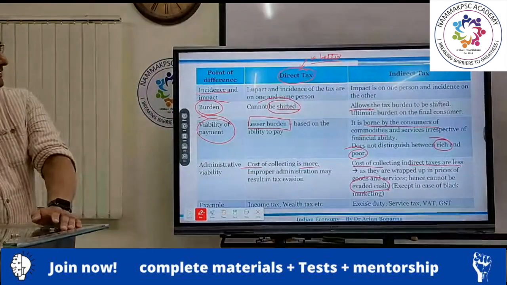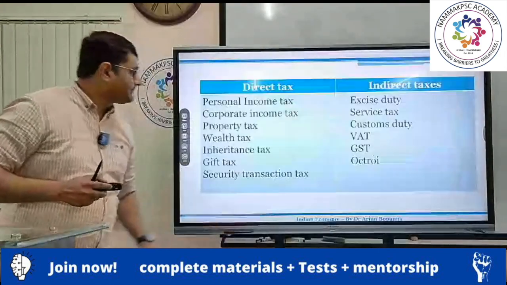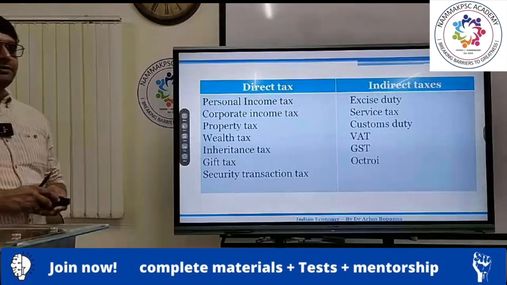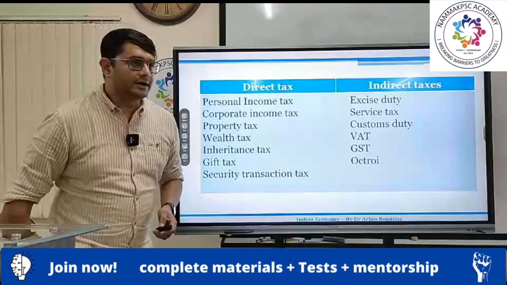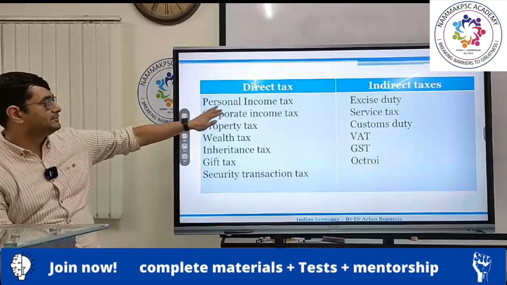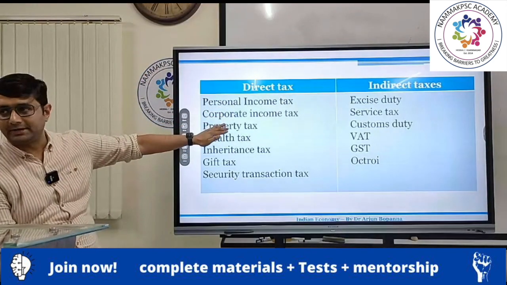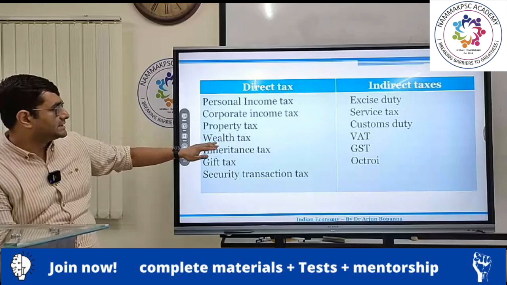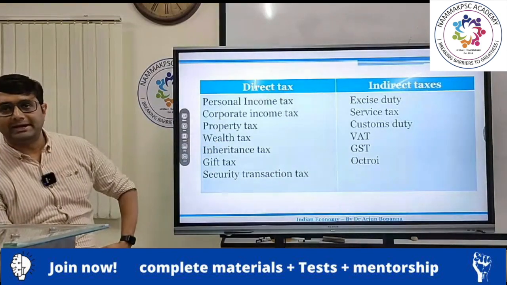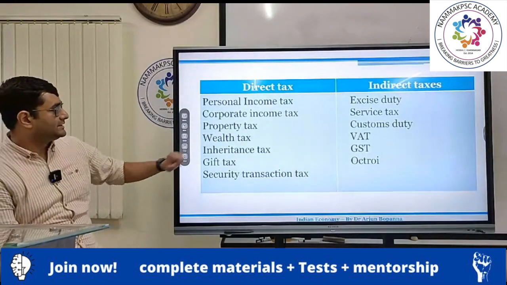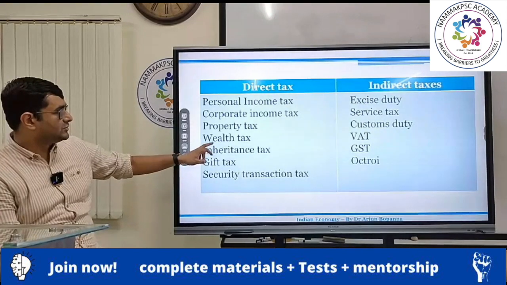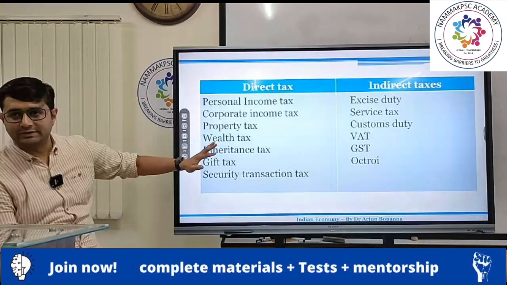Examples are here; some of them we'll discuss in detail. Direct taxes: personal income tax, corporate tax, property tax. When you buy property, you pay tax to the government. Wealth tax, inheritance: earlier there was wealth tax, now it is not there.